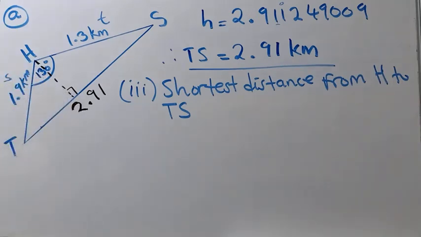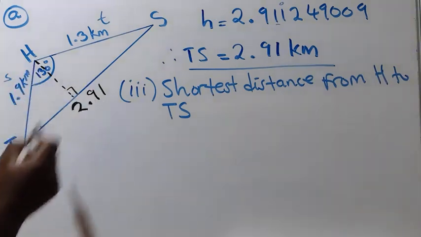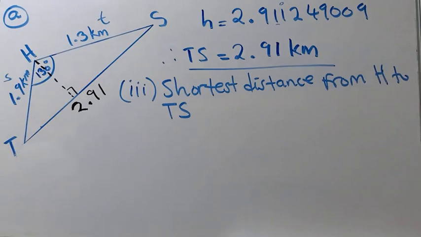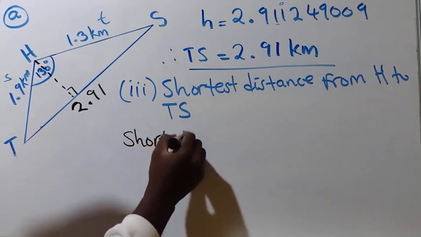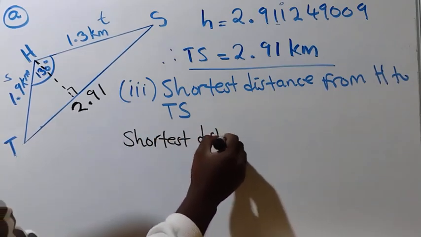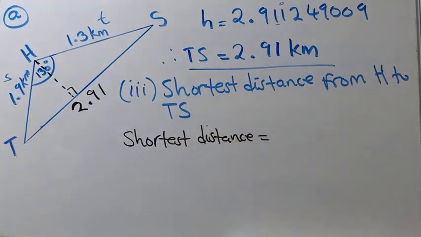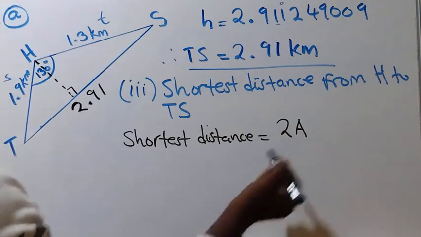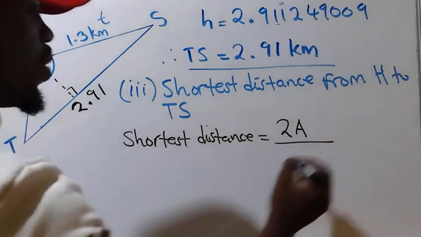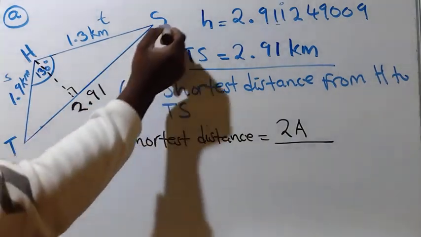So how can you find this shortest distance from H up to TS? Remember, with these questions you have to be careful. So you say shortest distance is equal to 2 times the area, A is representing the area, over the base, the distance of TS.